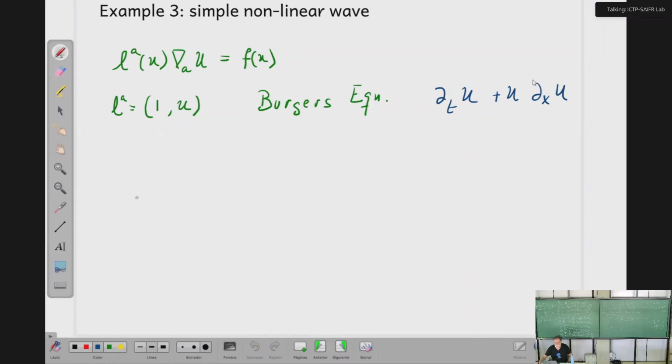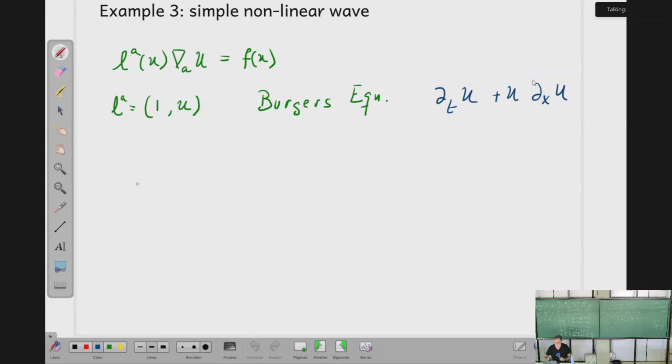So now we say, okay, let's consider some data, some surface. Some u0. Well, this is a bit tautological, but let's consider some surface.